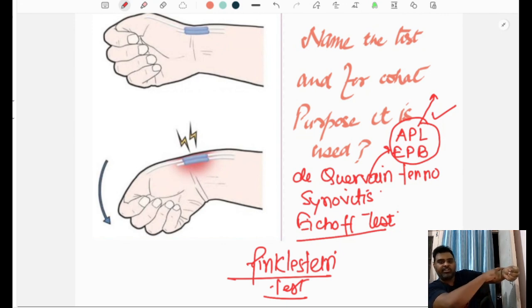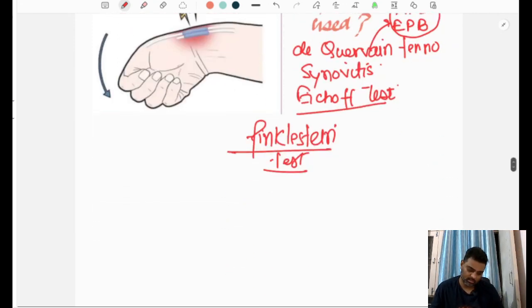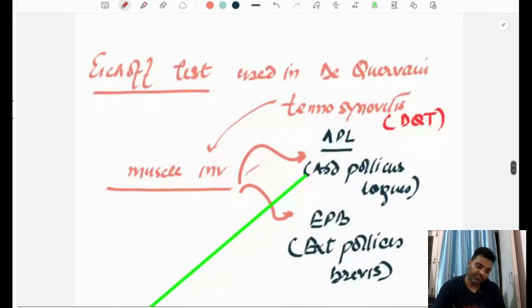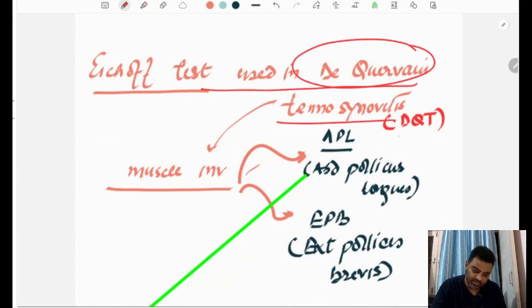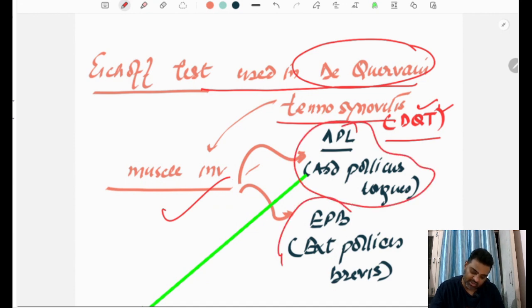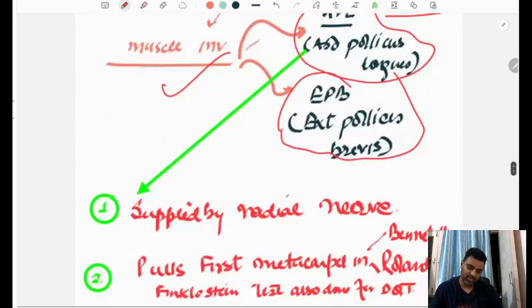And if he feels a lot of pain here, that means he is suffering from De Quervain's. And in Finkelstein test, you simply pull the thumb. So Eichhoff test is used in De Quervain's, where the two muscles involved are abductor pollicis longus and extensor pollicis brevis.